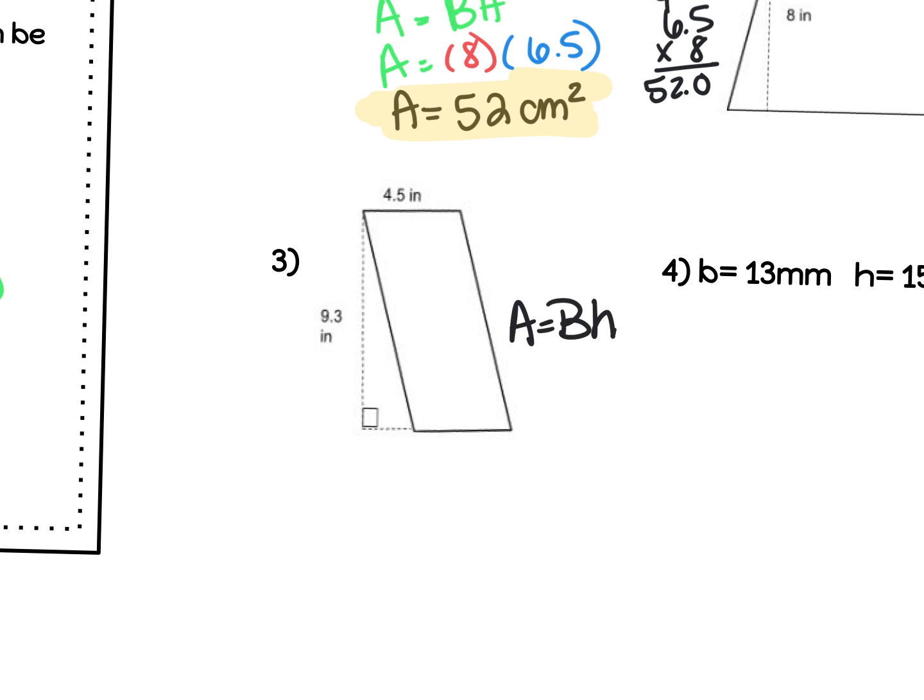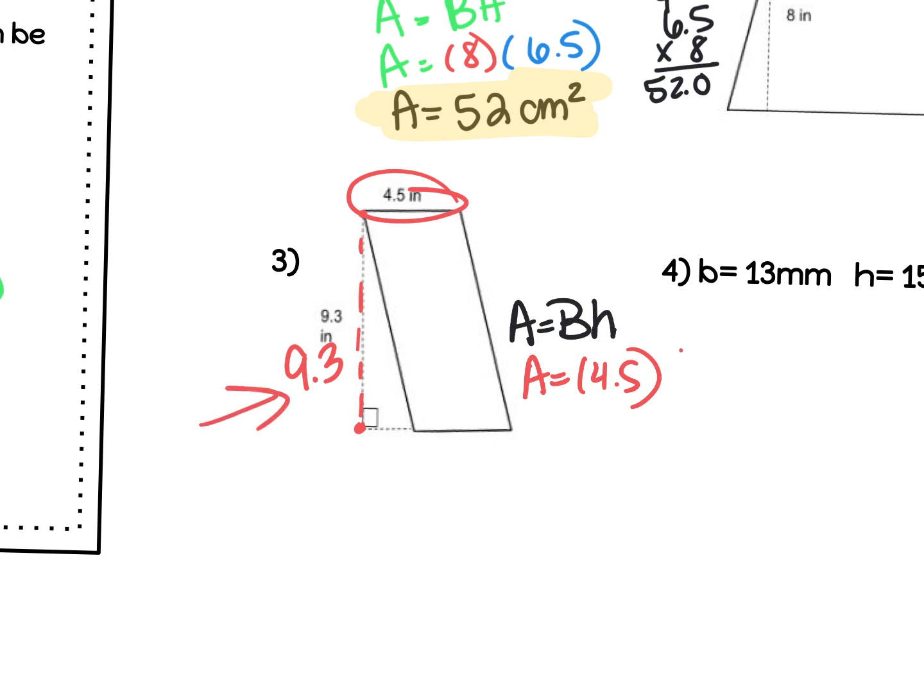Okay, so the height of this parallelogram, it's actually not what I'm highlighting right now. I call that the slanted height. It's not that height. The height of a parallelogram is actually how far it is from the top all the way straight down. So that is 9 3/10. So my base is 4.5, and the height is 9 3/10.